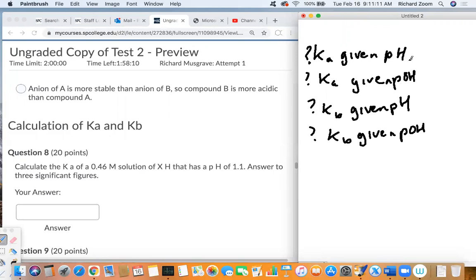If you've got Ka given pH, you don't use, actually I'll do this as a table here.